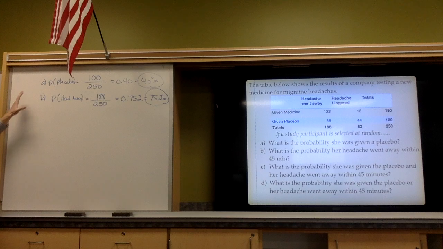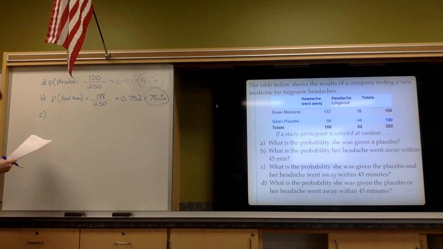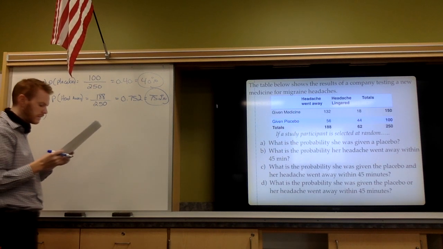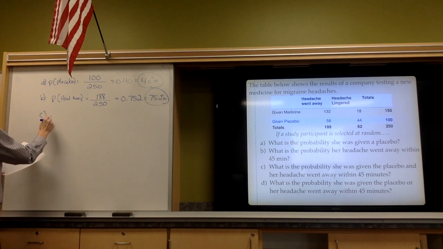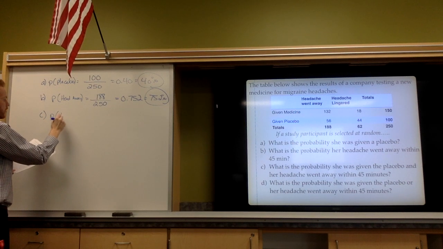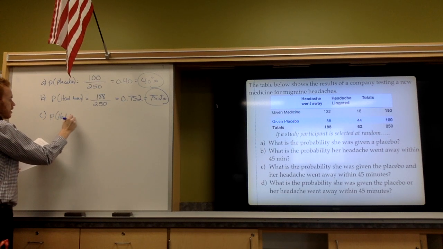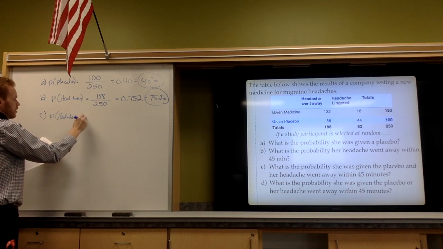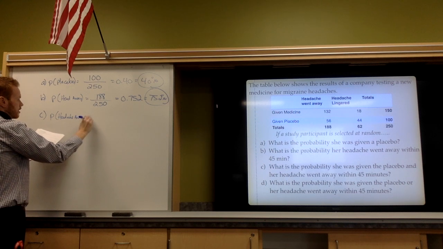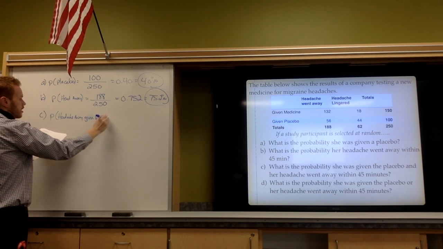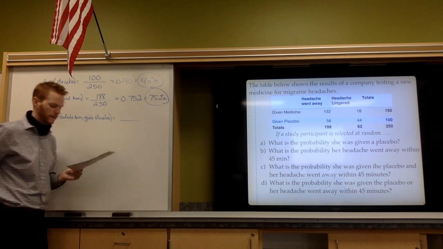Okay? Now, A and B, I've done simple probability. I haven't done anything complex yet. Okay? Part C. What's the probability that she was given the placebo and her headache went away within 45 minutes? Okay. So we're getting a little bit more specific. So the headache went away, or, given placebo. Okay.